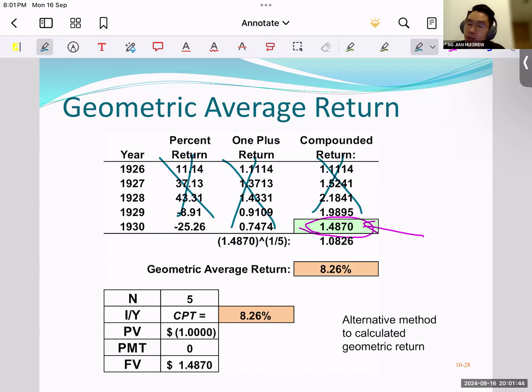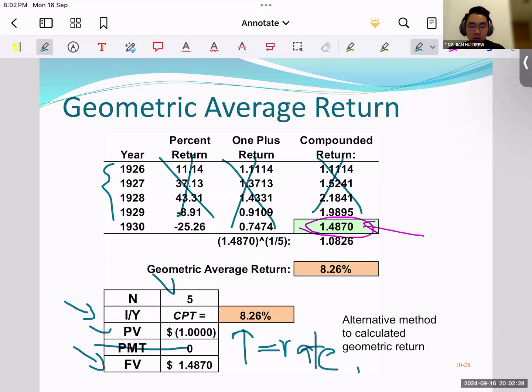Now, with this number, you can just use your rate function in Excel. If there are 5 years, n is 5. Your present value is negative 1, because remember, it starts with 1 and you keep on compounding it, and it's negative because that's where your money is coming out of your pocket. We assume no payment because there's no cash coming in or out. And you know the final value is 1.4870. With these figures, we can use the time value of money rate function in Excel to determine your geometric return.